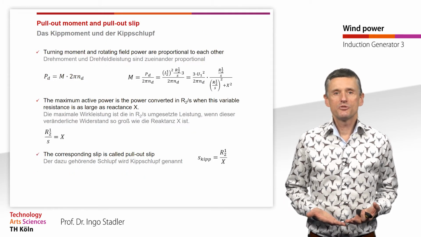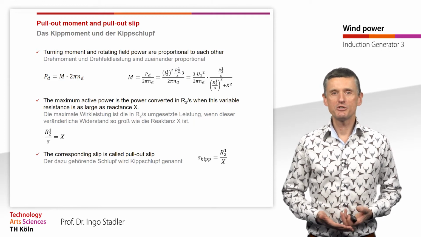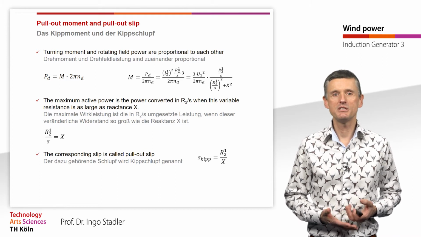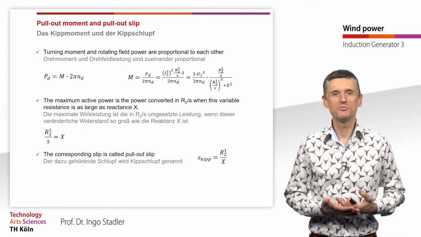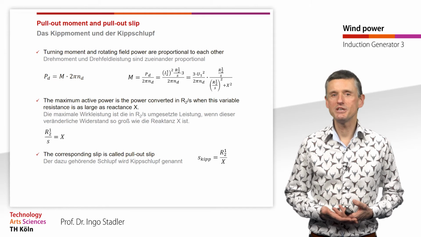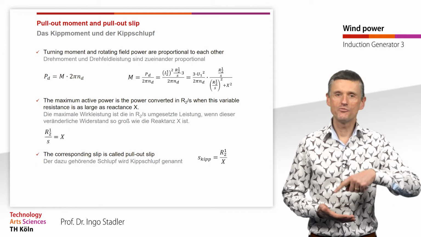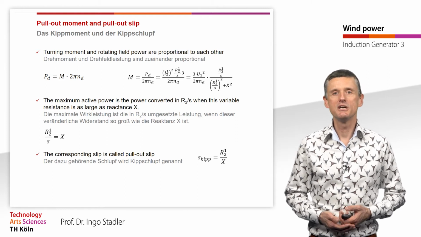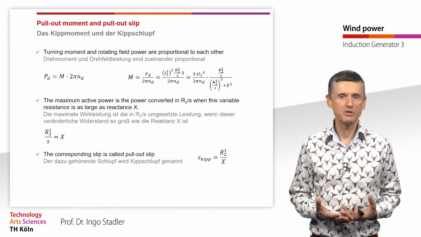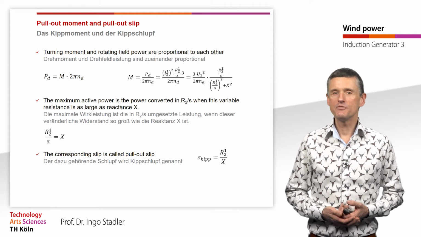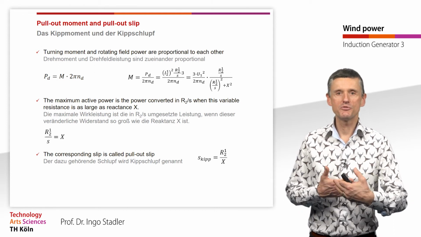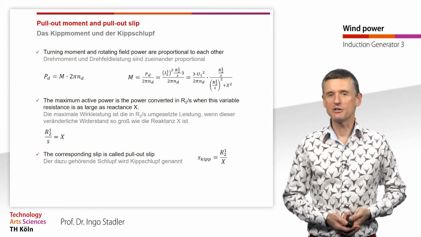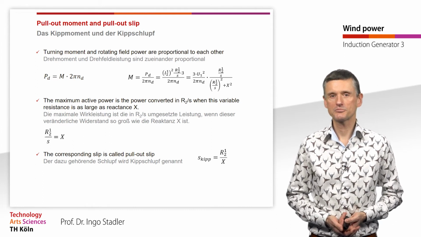When we look to the turning moment and rotation field power, they are proportional to each other. That means the PD is equivalent to the moment M times 2π and D, and then we convert that into the moment M is equivalent to PD divided by 2π and D. And then with the elements of the equivalent circuit, we can transform this equation to what you see there on the right side.